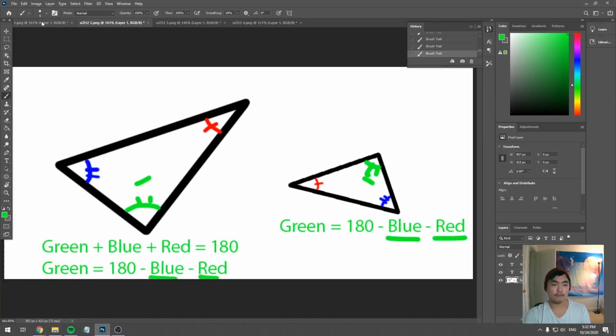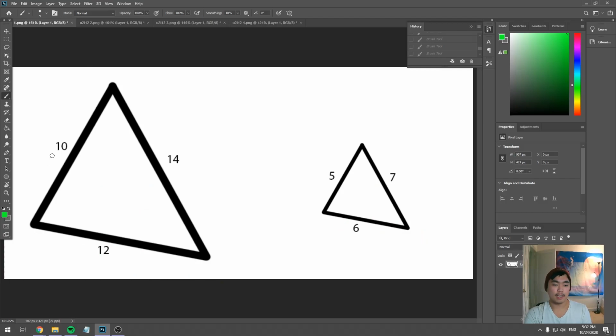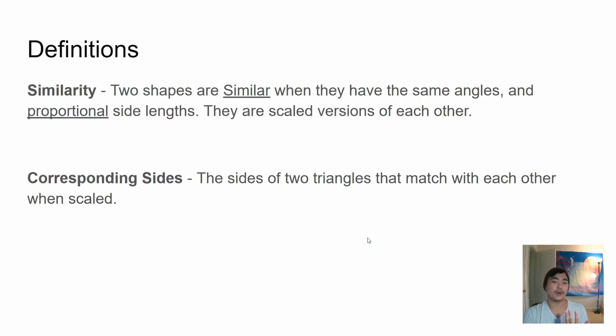So remember in the first problem, I said the 10 and the 5 match up, right? Because I know that 5, when you multiply by 2, it turns into 10. The 10 doesn't match up with 7. It's not 7 times 2 equals 10, right? It's 5 times 2 equals 10. So each side has a matching pair. Alright, those are your corresponding sides.